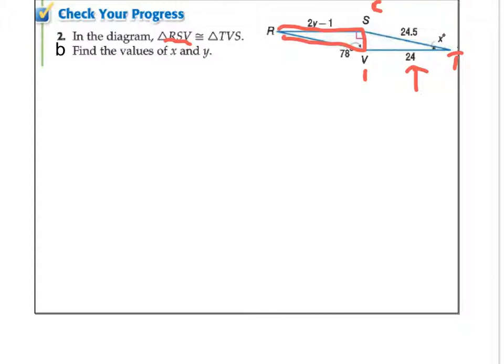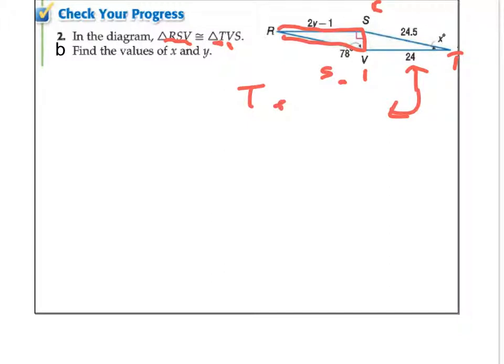So what I'm going to do is I'm going to take this triangle and rotate it so that it's underneath its buddy. So R goes with T, so I'm going to put the T over here. V goes with S because it's in the second spot, so because S is written up there in the top right, I'm going to put the S in the top right.